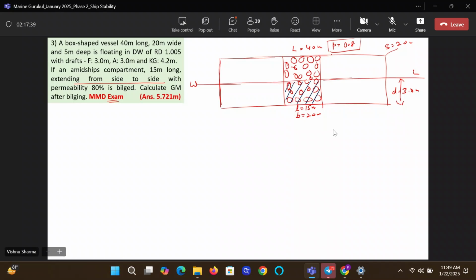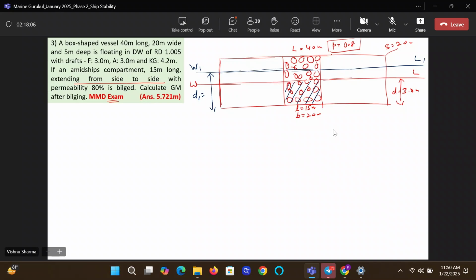Now this will cause the vessel to sink. Mark the final water line and mark it as W1, L1 and the draft as D1. Then look at the diagram and tell me, will the water rise up to W1, L1, yes or no?